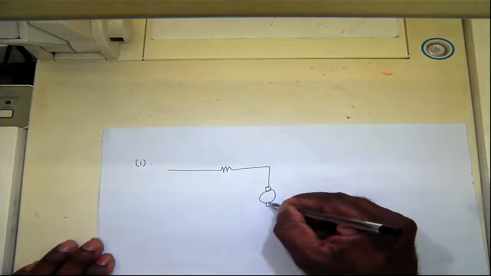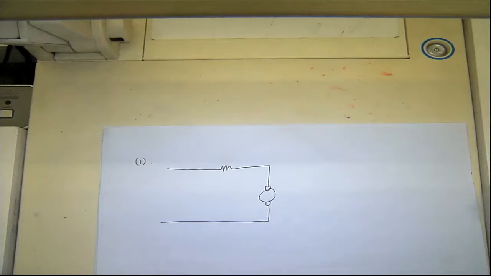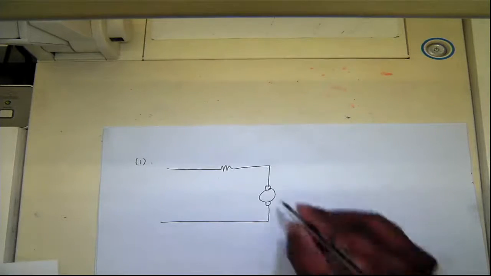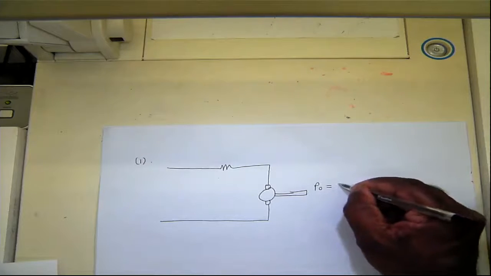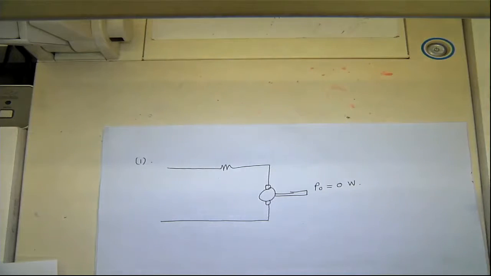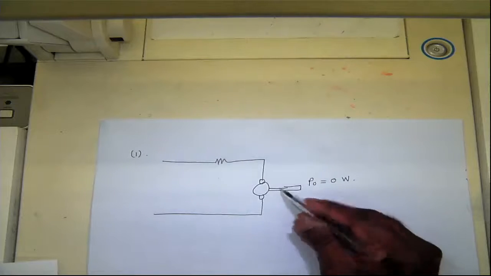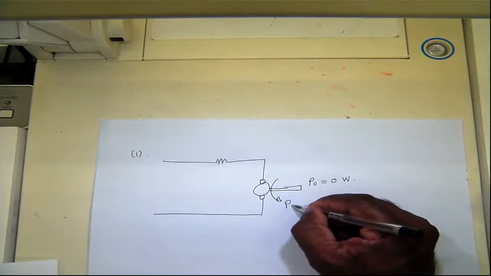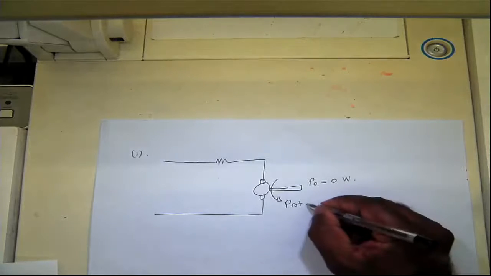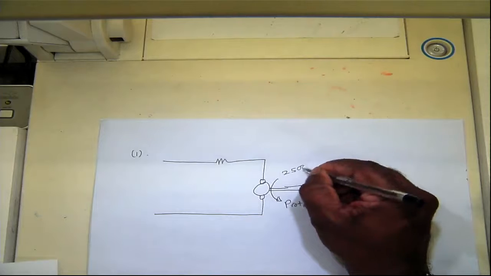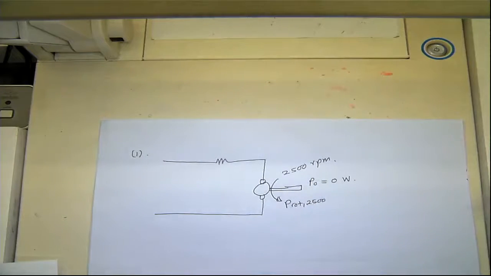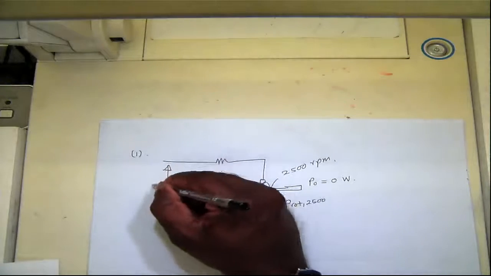The field is applied at its rated condition, and this is producing 0 watt, that's no load, but there are some rotational losses. This is running at 2500 RPM. Assuming the rotational losses scale linearly with speed, we need to find what voltage we need here.